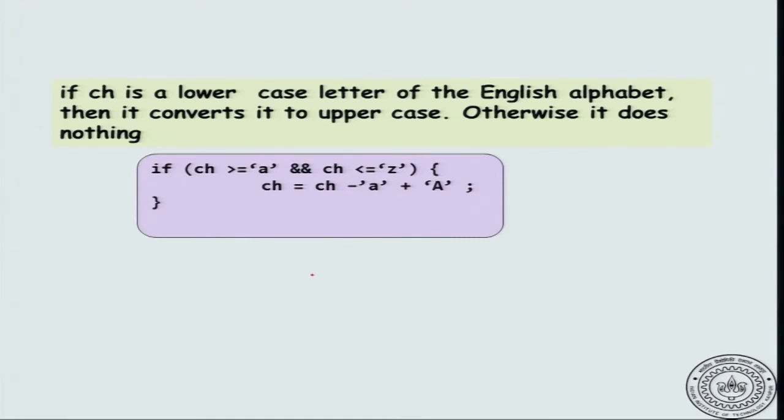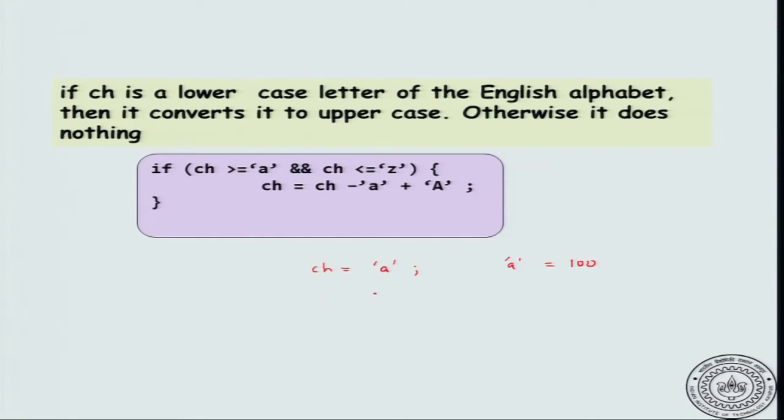So let us say that we actually had ch equal to little a. For the purpose of illustration, let us say that little a was ASCII value 100. I do not know whether that is true, but it is not important; that is what I want to illustrate.